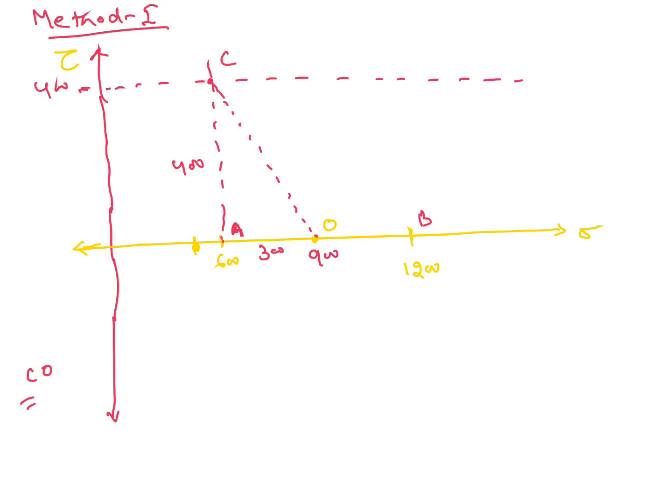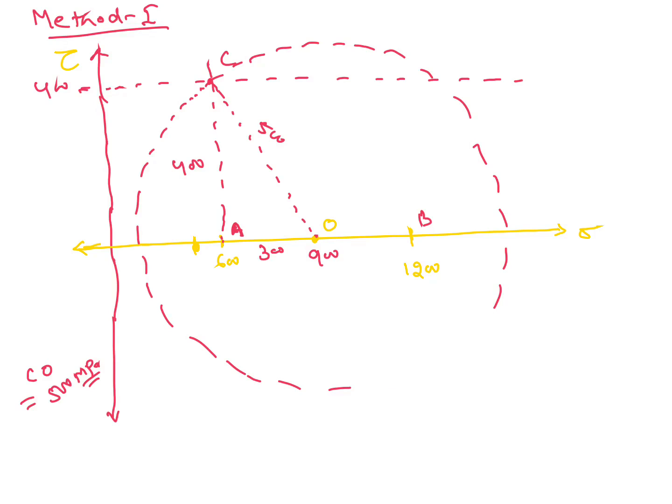So this is 500 MPa. Draw the Mohr circle. This is the Mohr circle. Radius is CO.